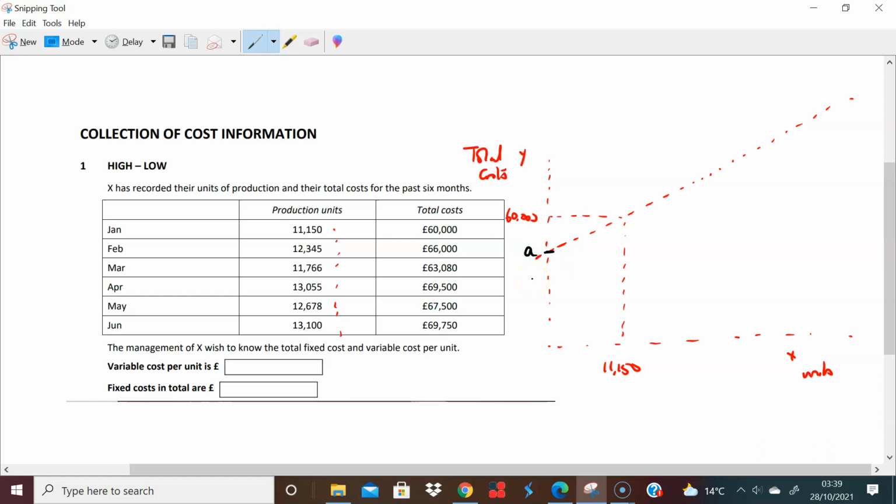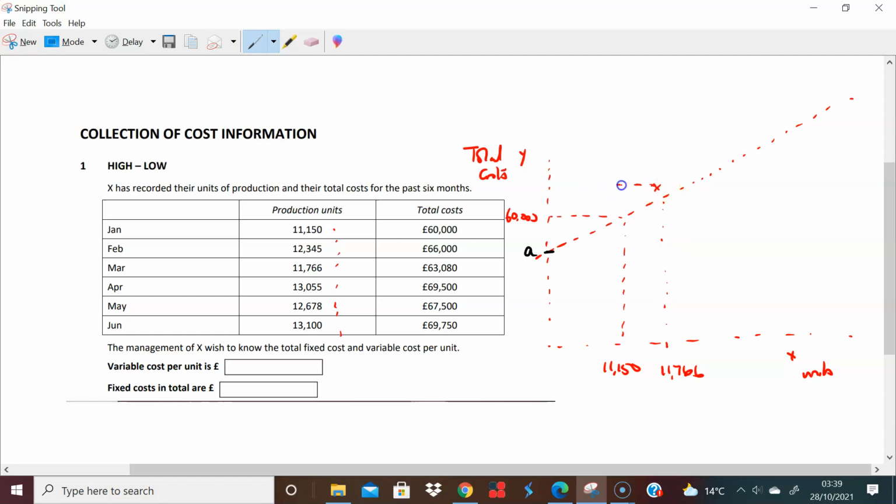Right. So changing my pen color back, I could actually plot all of these along this chart. So the next one, of course, here is 11,766, and that takes me to, again, like I say, this is not necessarily the case. If you plotted this, you might notice that this might actually be somewhere here.